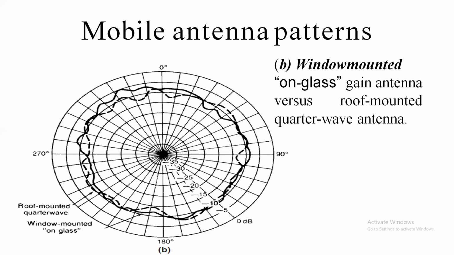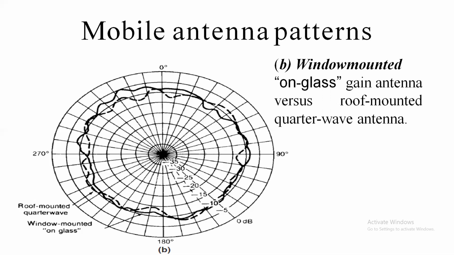The glass used in glass mounted antennas has high metal content for the conduction of the signal, right? These are the major types of mobile antennas, roof mounted antennas and glass mounted antennas.